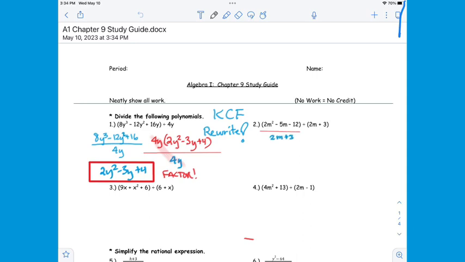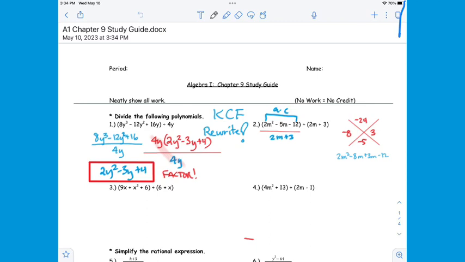Number 2, when I write this as a fraction, I see that in order to factor my top number, my numerator, I must use the factoring of a three-term polynomial that has an a value. So I have to use the AC method. Numbers that multiply to be 2 times negative 12, negative 24, and add to be negative 5 are going to be negative 8 and positive 3. And then I have to factor by grouping, back in chapter 7.